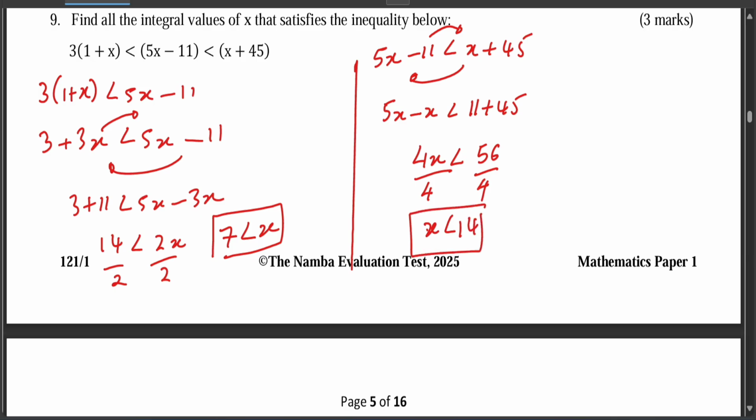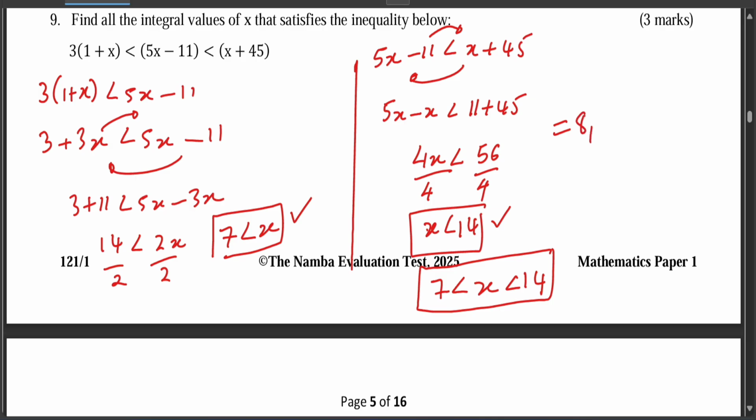Now when you write the inequality together, it should be written like this: x should be greater than 7 but less than 14. Just a compound inequality. If you want to leave it like that, you'll also get a correct mark. You'll be given a mark for that. But that's not your final answer. You've been told all the integral values that range between 7 and 14. Not 7 and not 14, so 7 and 14 are not included.